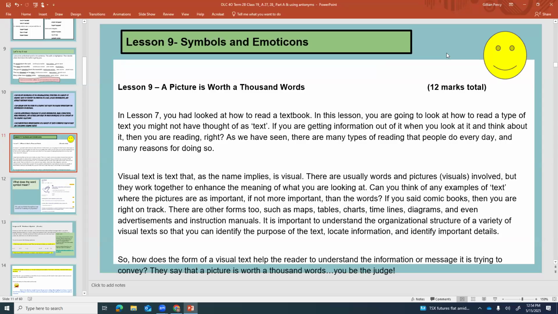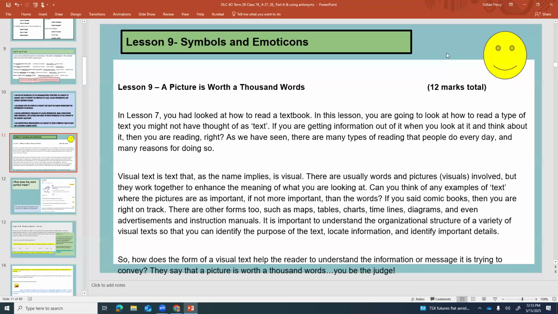In other words, you look at it. There may be words or symbols or pictures involved, but together they work to enhance the meaning of what you're looking for. Can you think of any examples of text where the pictures are just as important, if not more important than the words? Sure, things like comic books, graphic novels, maps, tables, charts, label diagrams, timelines, and even things like advertisements or instruction manuals.